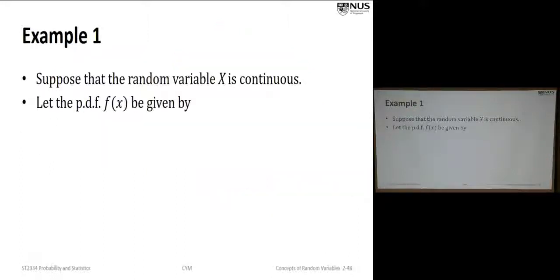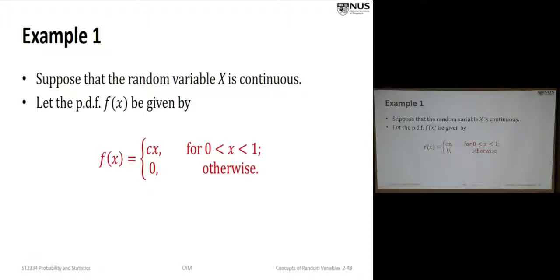Okay, let's look at some example. With a random variable which is continuous and defined equal to Cx when x is between 0 and 1. Outside this range, f of x equal to 0. So what we're supposed to do is make sure that this is a well-defined PDF. So you need to check two things. The first one is whether it's always bigger or equal to 0.